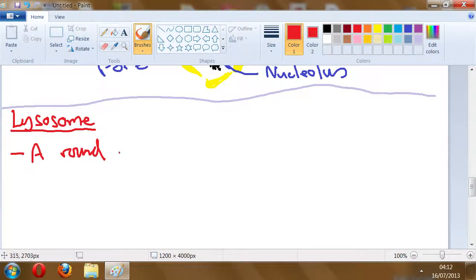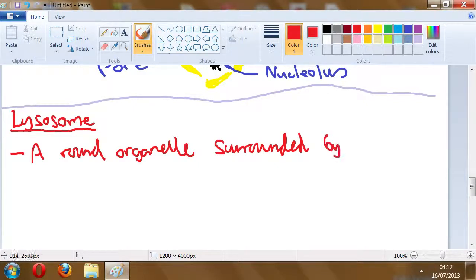So we have a round organelle, surrounded once again by a membrane. And it's almost a little bit unfortunate when I think about it that I haven't drawn it like that, but to be honest, I'm probably going to draw these things a lot of times.